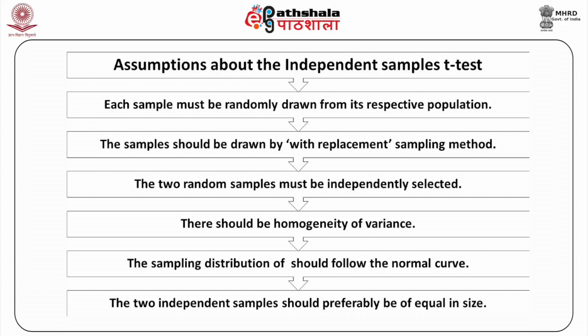The two random samples must be independently selected. There should be homogeneity of variance. The sampling distribution of x bar 1 minus x bar 2 should follow the normal curve. The two independent samples should preferably be equal in size.